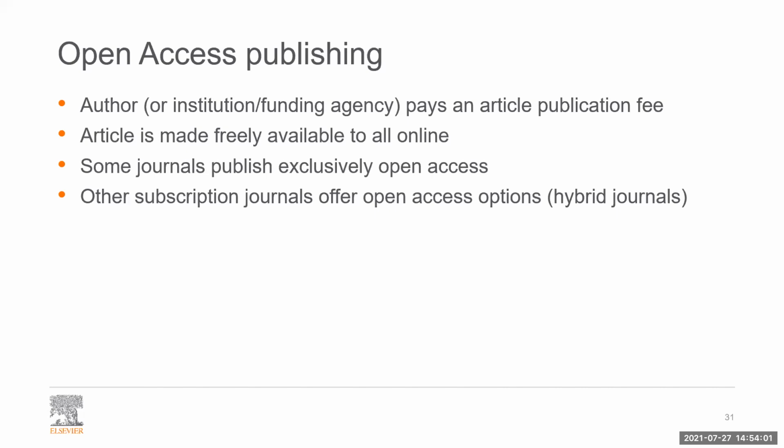Open access, so if anybody's unfamiliar, open access journals require the author, funding body, or institution to pay an article publication fee. And then once the article is published, it's made freely available to anyone with a different copyright license, usually meaning that it can be reused by individuals without needing permission.